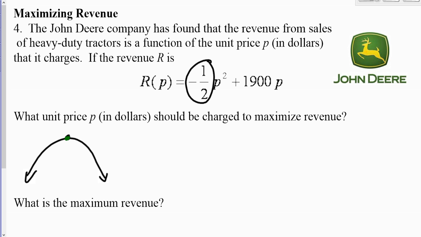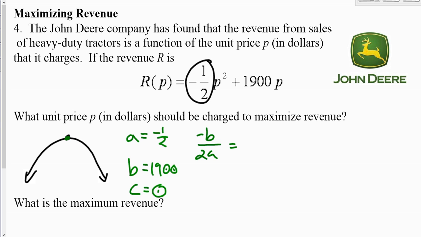So again, in standard form, I can identify my a being -1/2, my b being 1900, and my c being 0. So to find the x value of my vertex, my maximum point, I'm going to do negative b over 2a.